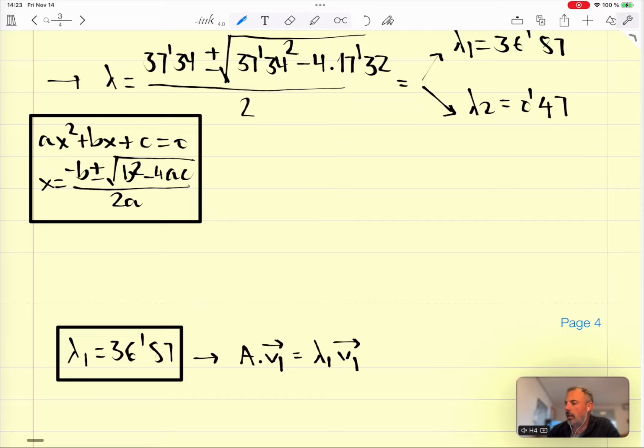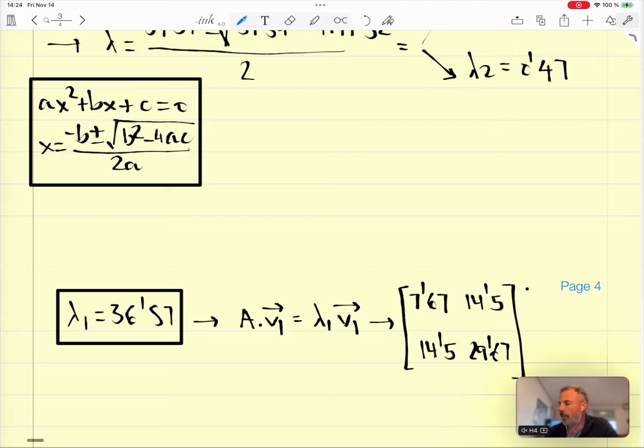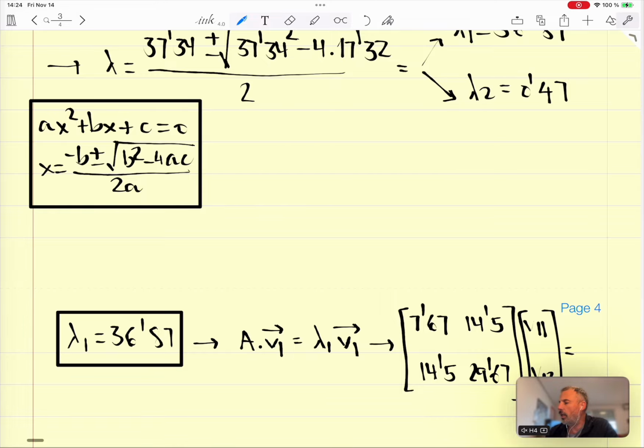Okay, this can deliver us the first eigenvector. So here we have the matrix 7.67, 14.5, 14.5, 29.67. Here we have v11, v12. Then the first eigenvalue, 36.87. And then v11, v12.